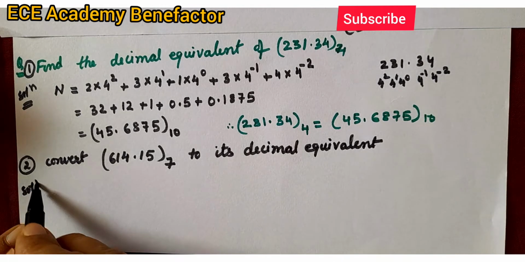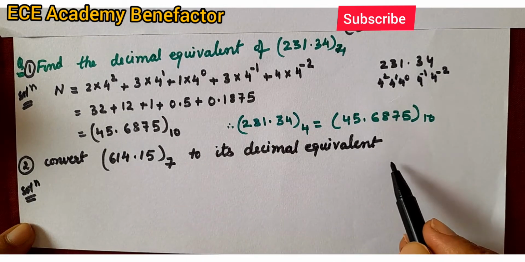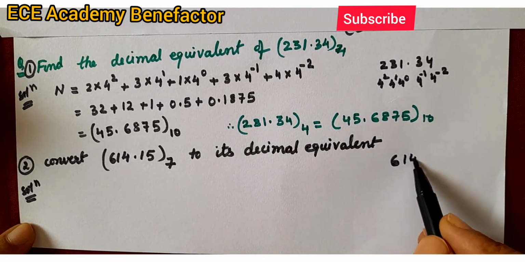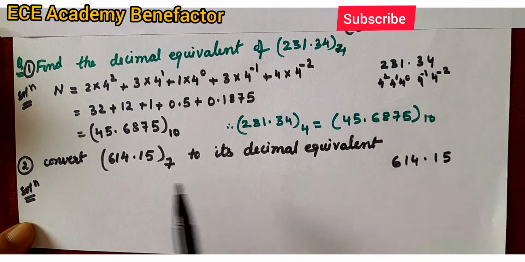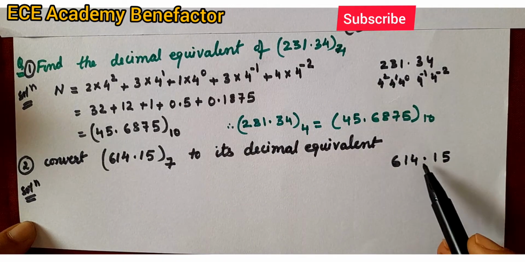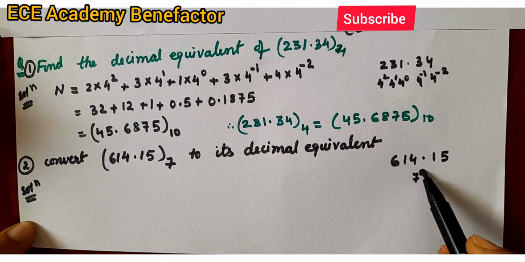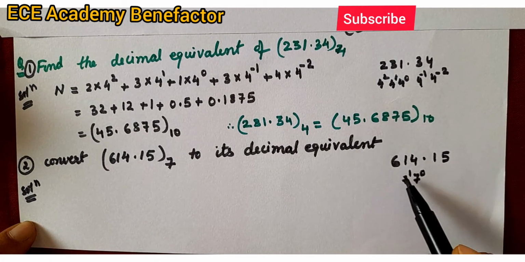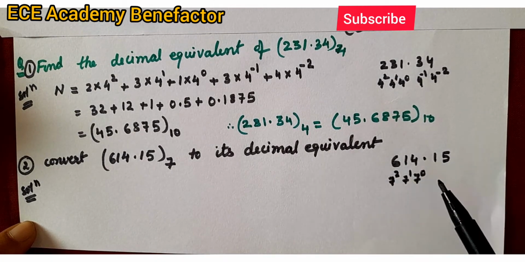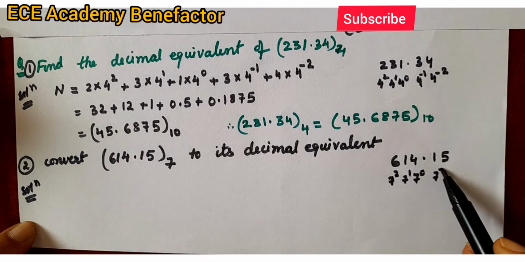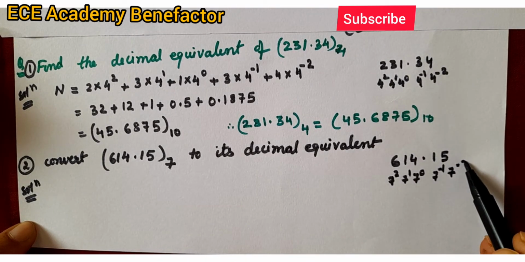Coming to the solution, let us write the number here: 614.15. What is the base here? 7. So, we have to take 7 to the power 0, 7 to the power 1, 7 to the power 2. Here 7 to the power minus 1, 7 to the power minus 2.